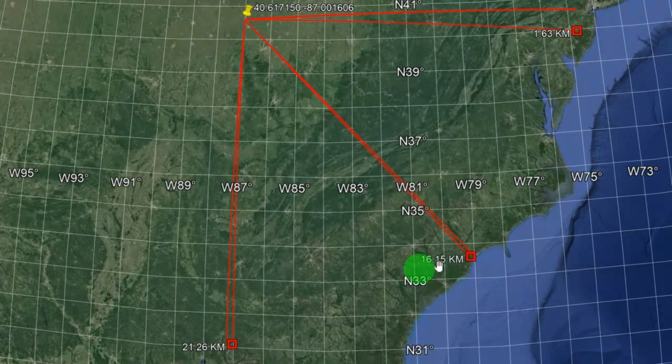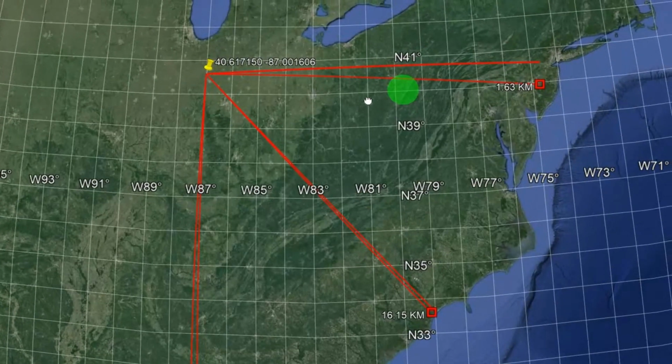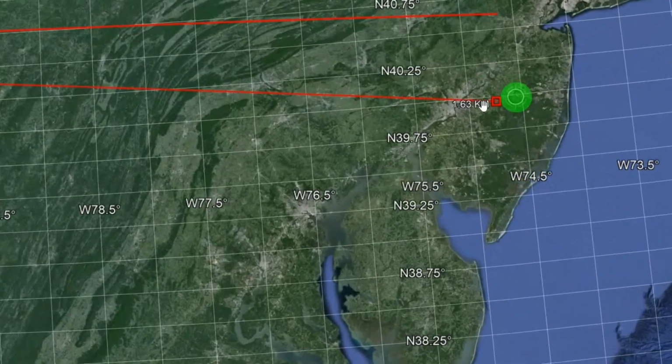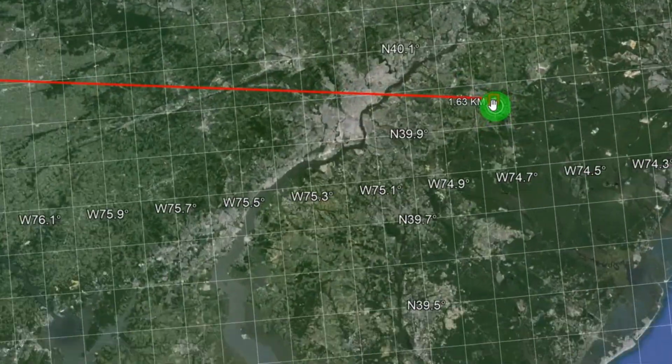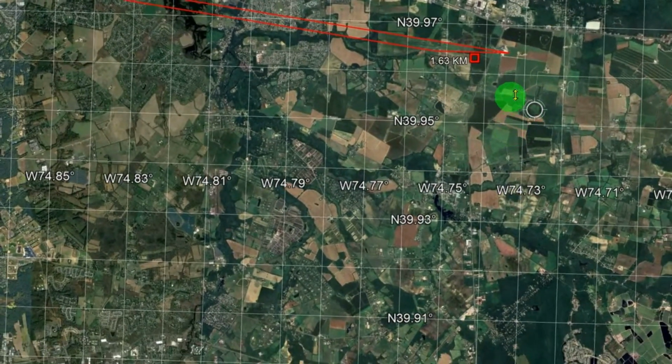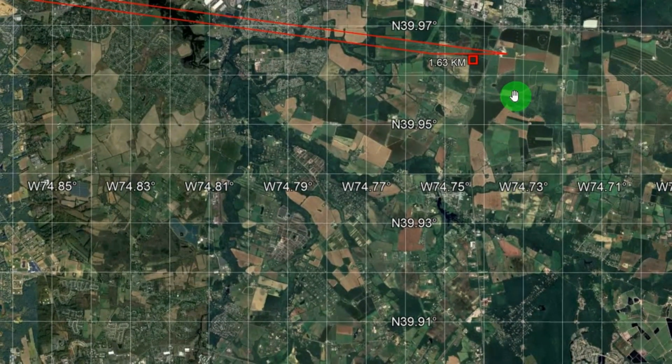We'd expect about 16.5 if you did it halfway between the 90 and the 180. And then right at 90, if you just shoot it directly to the east in this case, and it's actually kind of the same with the west but reversed, you get 1.63 kilometers.